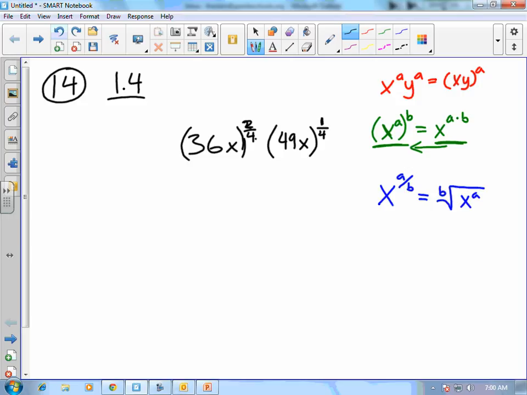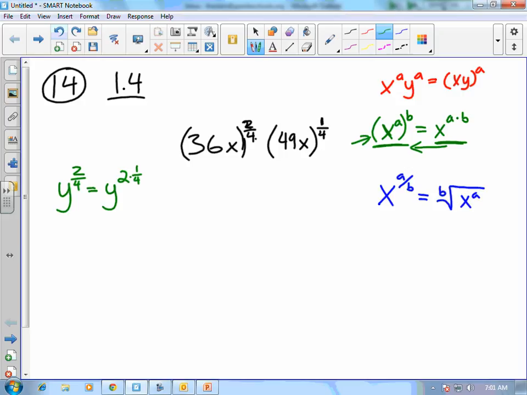But what I can do now is use this rule here, and take this 2/4 that I have. Let me show you with maybe a simpler example for a second. If you have y to the 2/4, that's the same thing as y to the 2 times 1/4 power, because 2 times 1/4 equals 2/4.